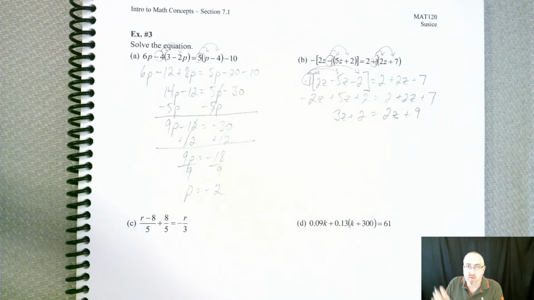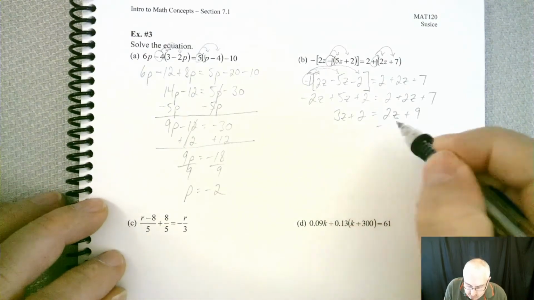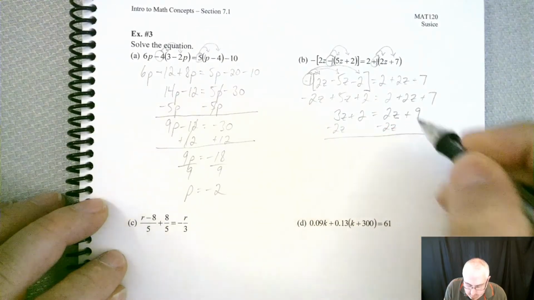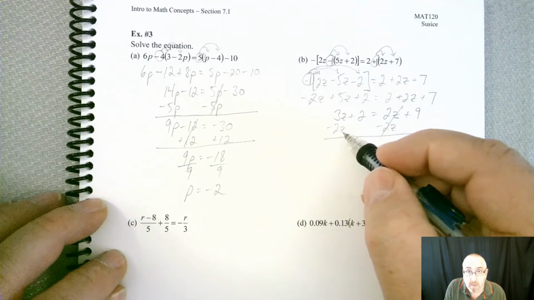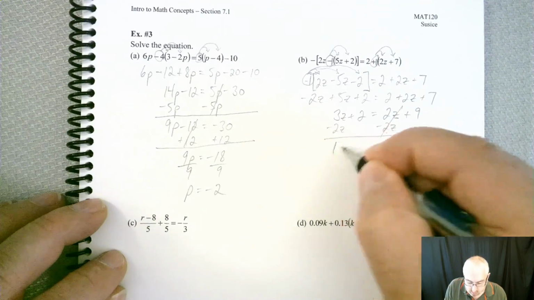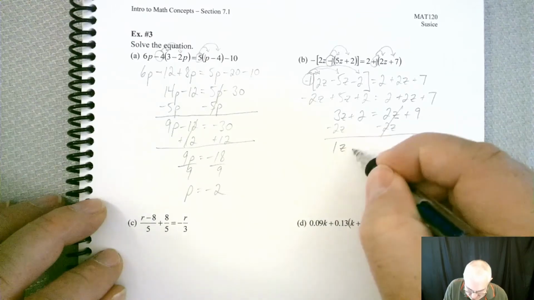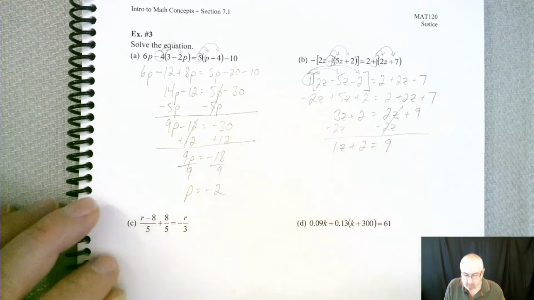Now we got to start moving stuff from one side to the other. Let's move the smaller one, which is the 2z, so let's subtract that. So those cancel. 3z minus 2z is a 1z. All right.